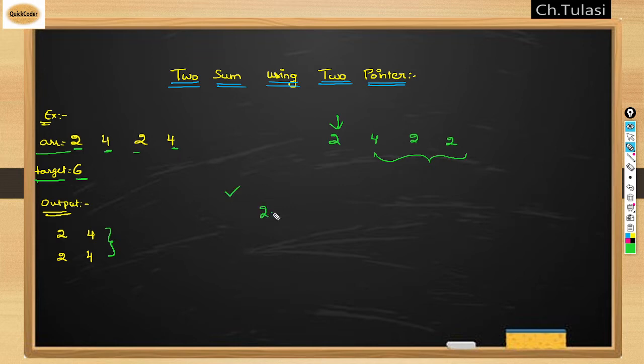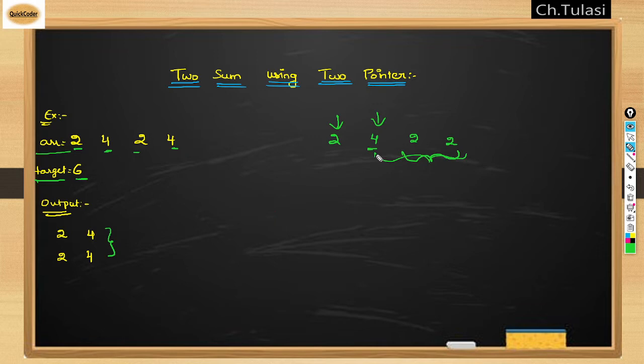Yes, 2 plus 4 will be printed. And 2 plus 2 is equal to 6? No. Then the first for loop will come here and the second for loop will traverse from here to here. 4 plus 2 is equal to 6, and 4 plus 2 is equal to 6. See how many times it is giving. So this is the actual brute force solution for this problem.